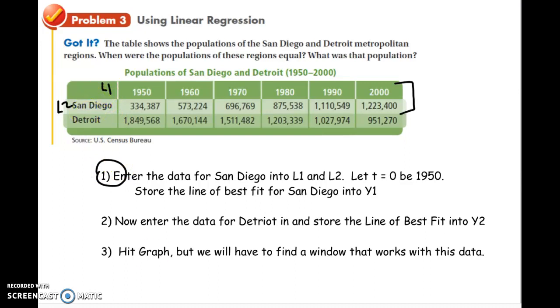And then I want you to change L2 with Detroit data, and write an equation of a line for the Detroit data. And then we're going to graph the two lines using y1 and y2 in our calculator to look for the point of intersection. We will start here, but I do want you guys to practice your regression equations. Again, that's going to be a helpful concept on the Unit 2 test.